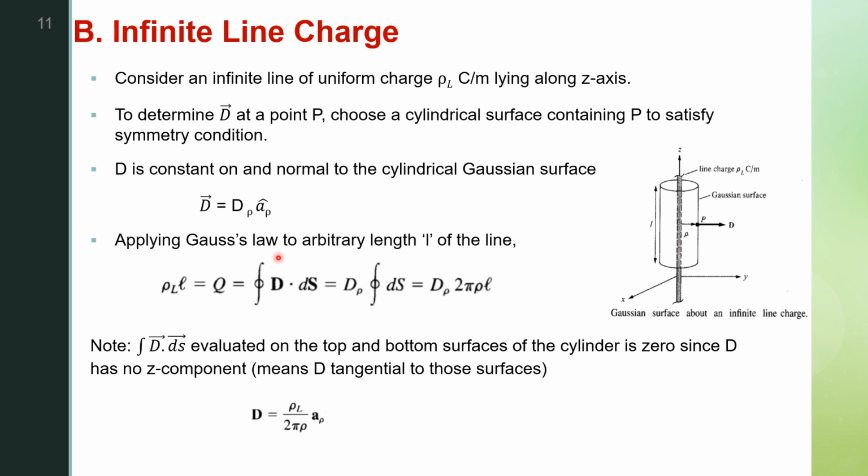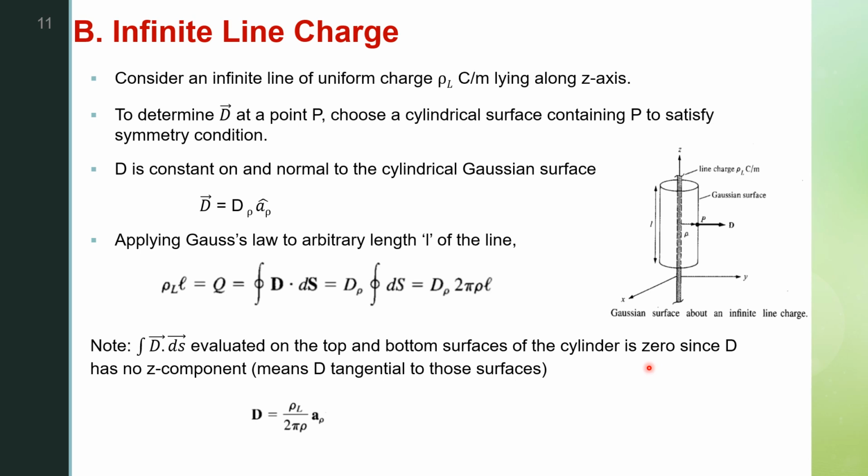Applying Gauss's law to an arbitrary length L of the line, we get the total charge enclosed Q equal to rho_L times L. That is equal to the integral of D dot dS, which is D_rho times dS, and that is equal to D_rho 2 pi rho L. Here we have to note one point. The integral of D dot dS evaluated on the top and bottom surfaces of the cylinder is 0.